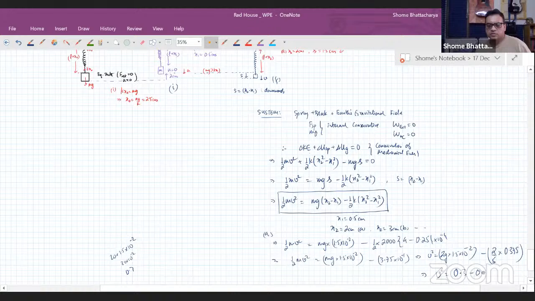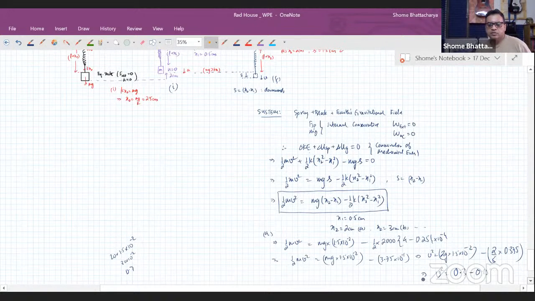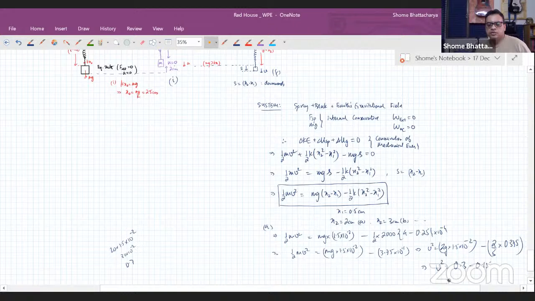That's 0.15. So we'll get v as the square root of 0.15, approximately 0.39 meters per second.